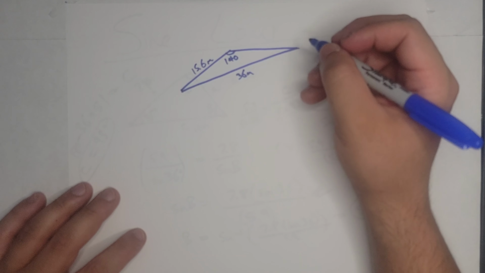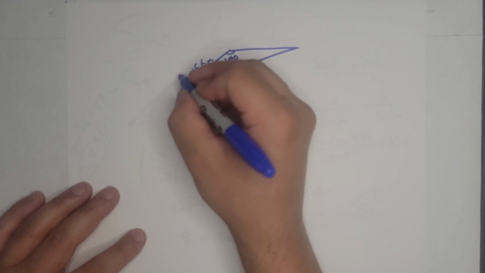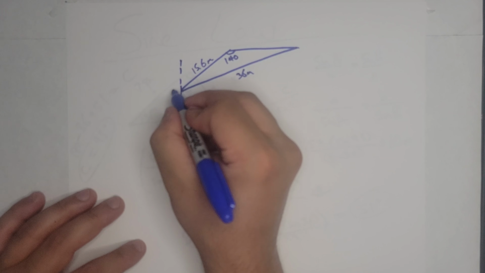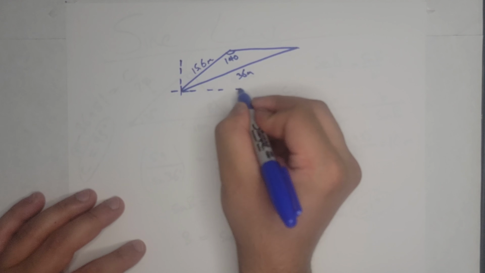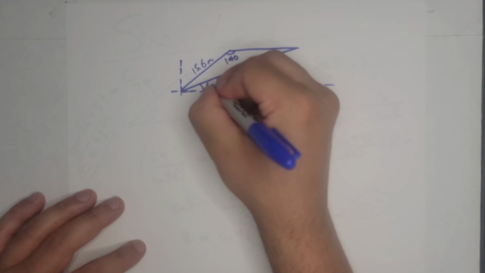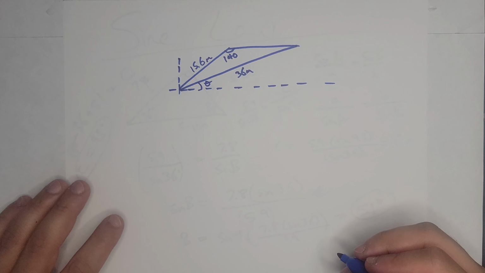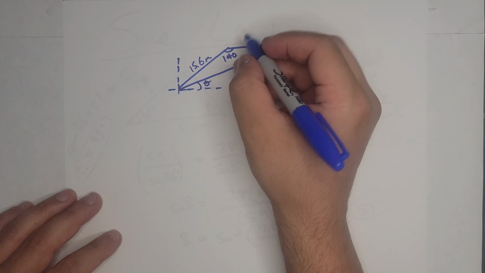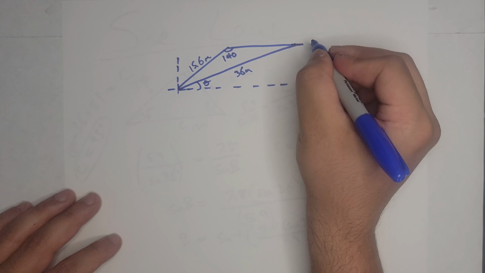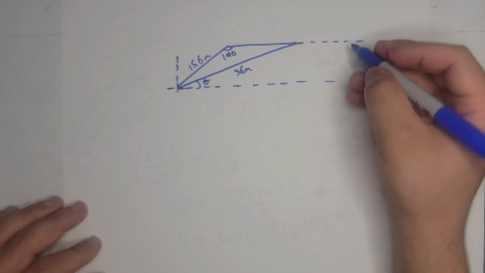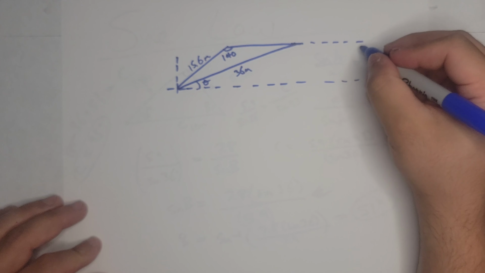So, let's say that this is an imaginary axis, and I want to find out the angle here. How am I going to do so? And let's say this line here is going to be parallel to the ground.